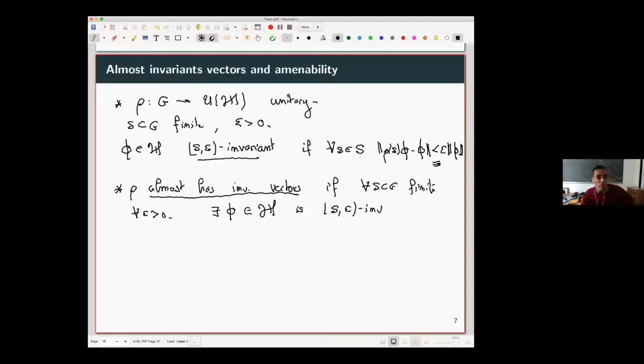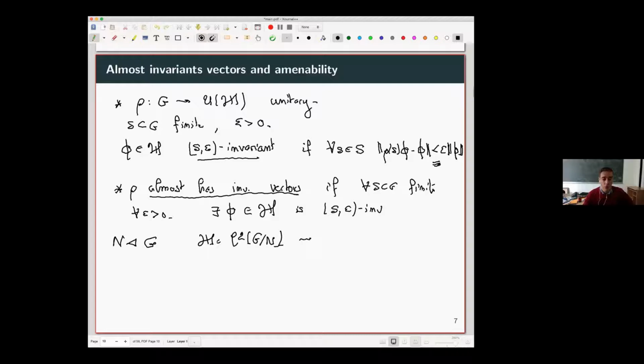Now, among all possible unitary representations, you can consider a regular one. Imagine N is a normal subgroup of G, and then you can consider the Hilbert space which is just the square summable functions on G mod N. G acts by translation on the quotient.